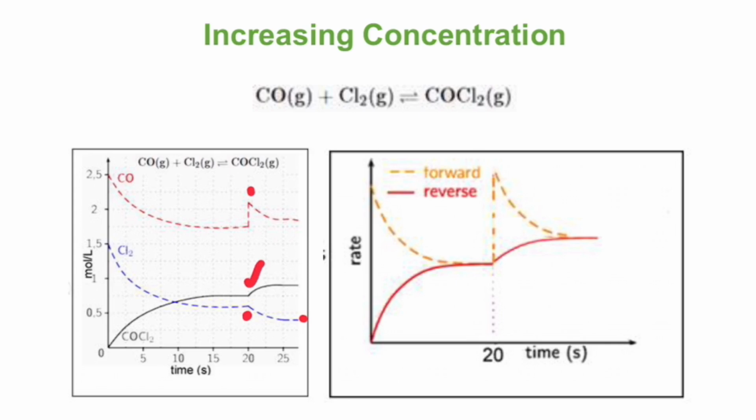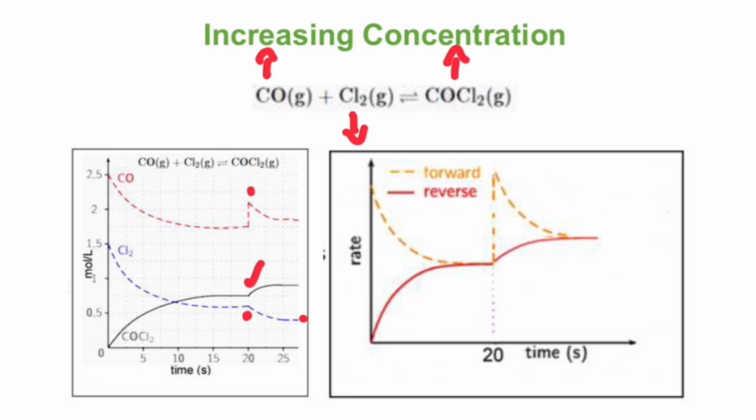So what is happening? Well, the concentration of carbon monoxide shoots up alone, while that of Cl2 goes down and that of COCl2 goes up. Okay, so let's take a look at this. This goes up all of a sudden, right? And then when that goes up, this goes down and this goes up.